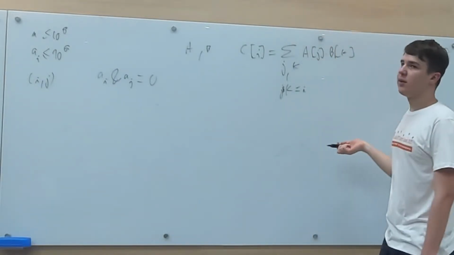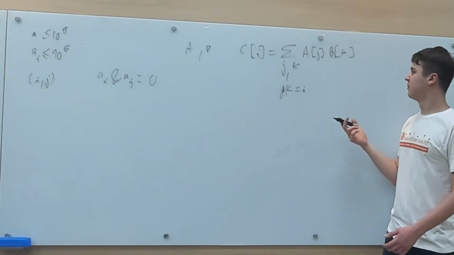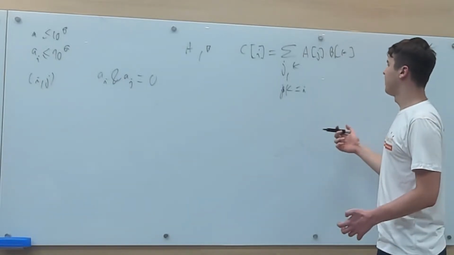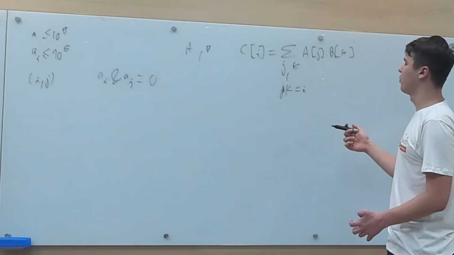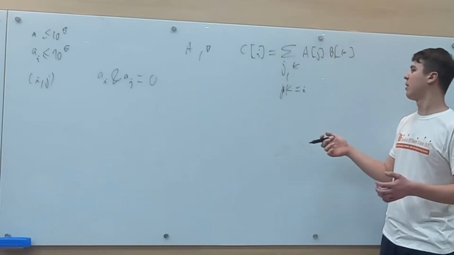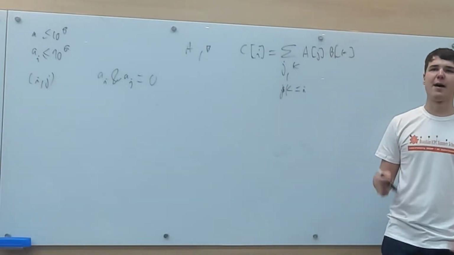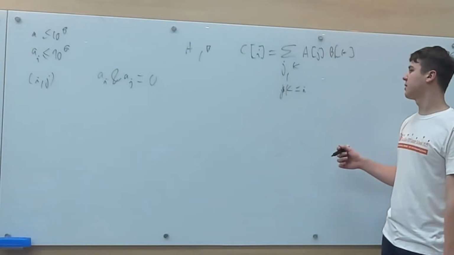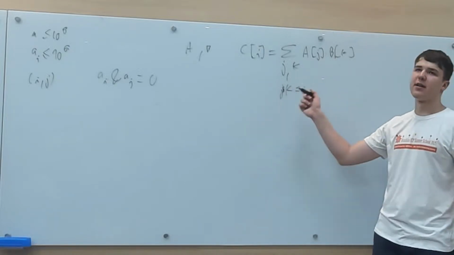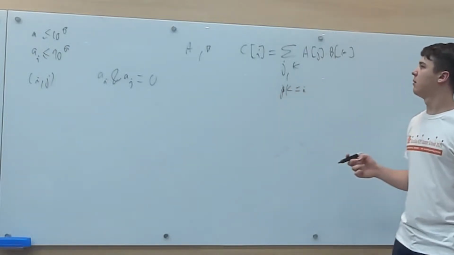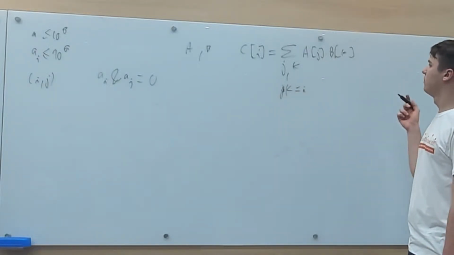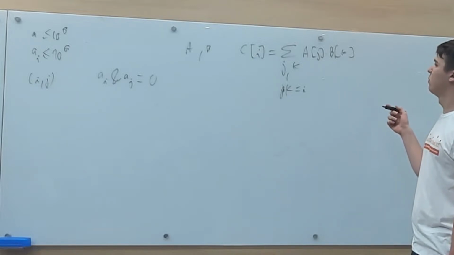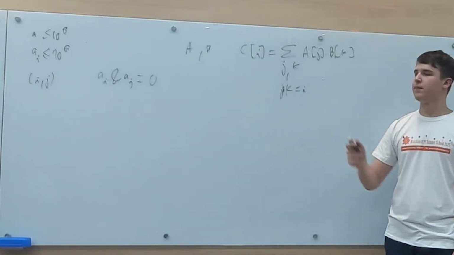So basically, the definition is very similar to polynomial multiplication, but what happens to exponents is that they get binary ORed. Okay, and we want to be able to calculate that.